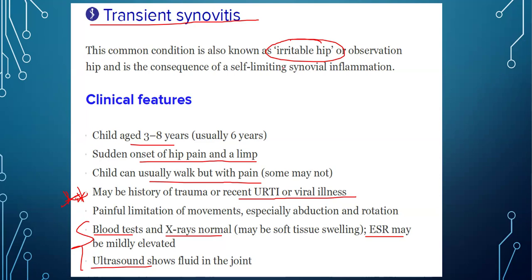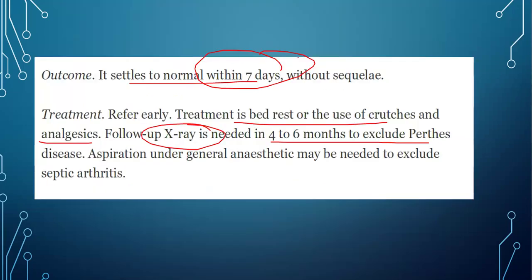So you send the patient to the hospital, and the hospital will do an aspiration from the joint, a synovial fluid aspiration, and send it to the lab for microscopy and culture.